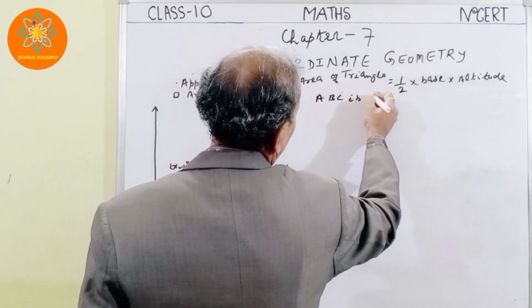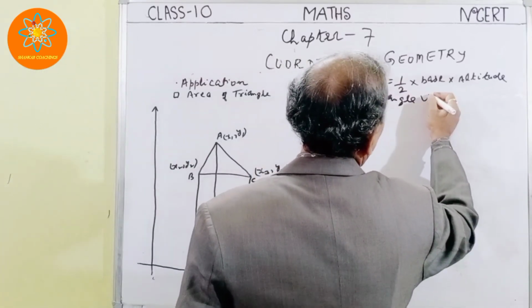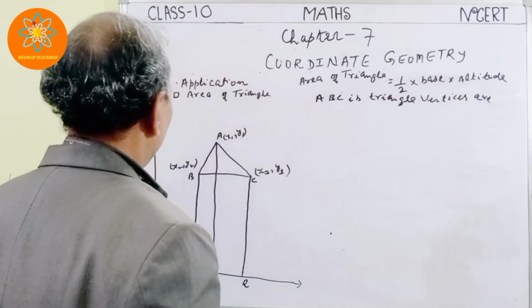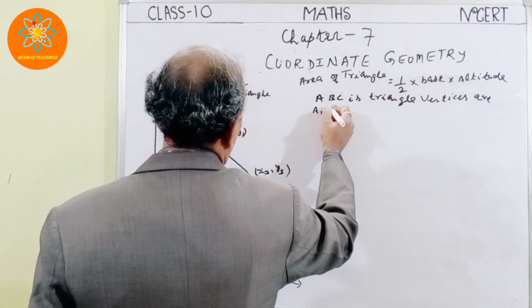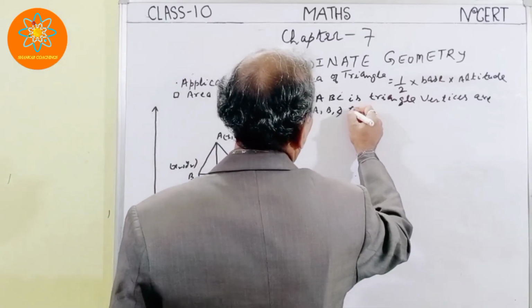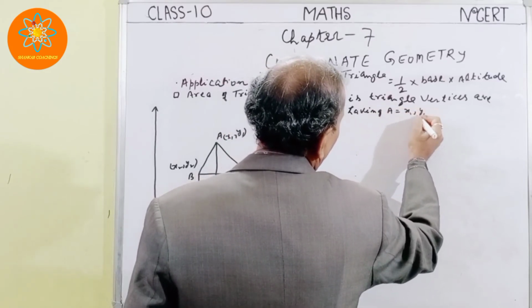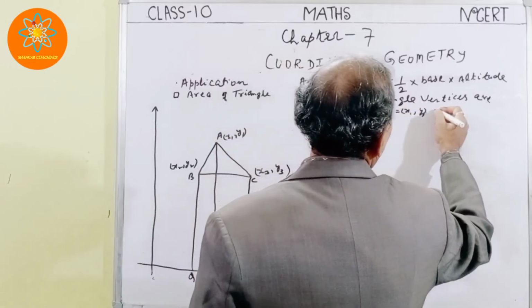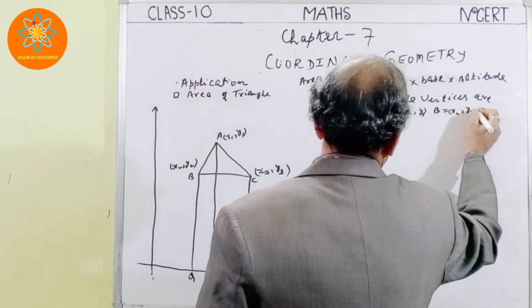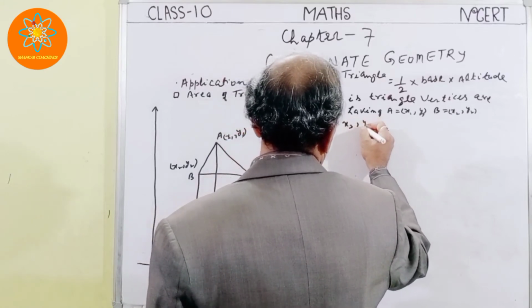ABC is a triangle. Vertices are A, B, C, having A (x1, y1), B (x2, y2), and C (x3, y3).